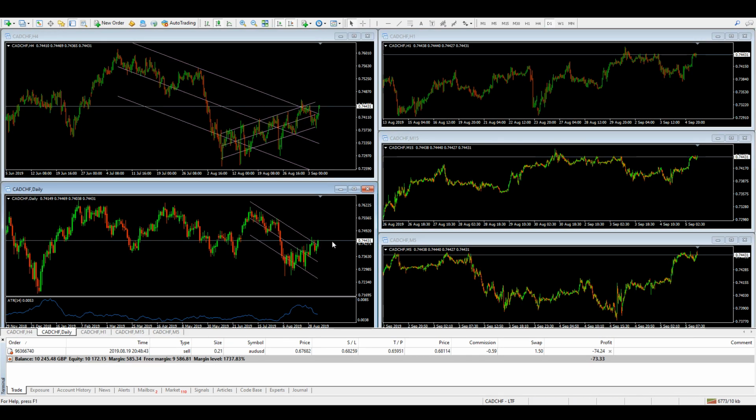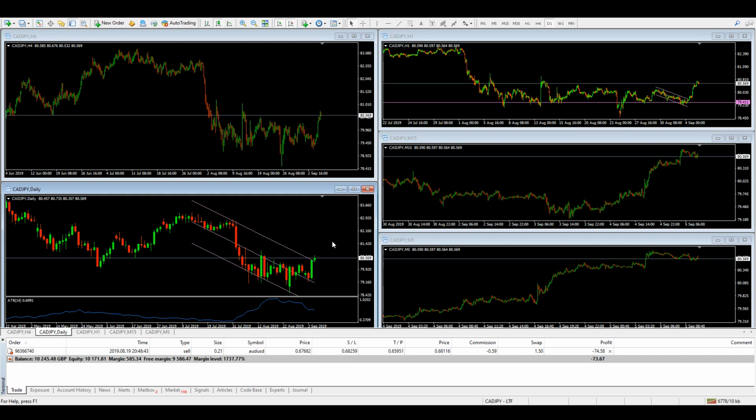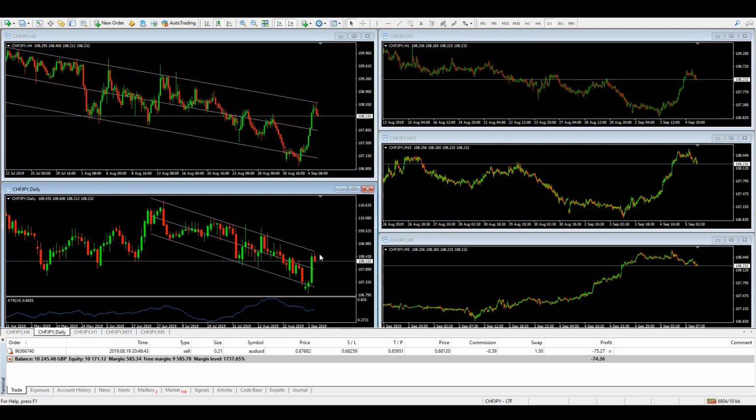CAD CHF, no, that's no. I mean, there's some good signs here of it being overbought, but this has breached our standard deviation, which is okay, but I'm looking really for a reversal candle. So this needs to wait. A lot of these seem like that today, so just need a bit more information.